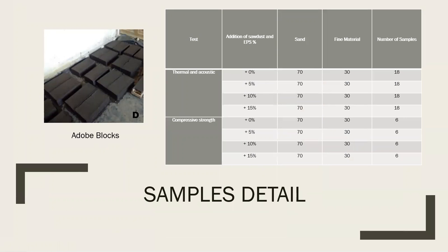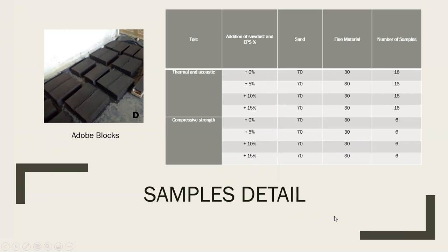Here is a detail of the samples. For the thermal and acoustic tests, a total of 72 samples were used with the percentage of additions shown in the table below, specifically in the second column here. 18 samples for each percentage.